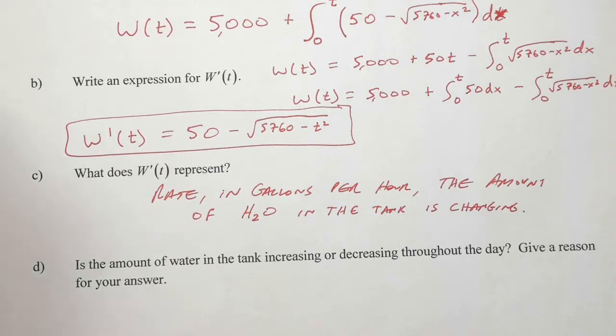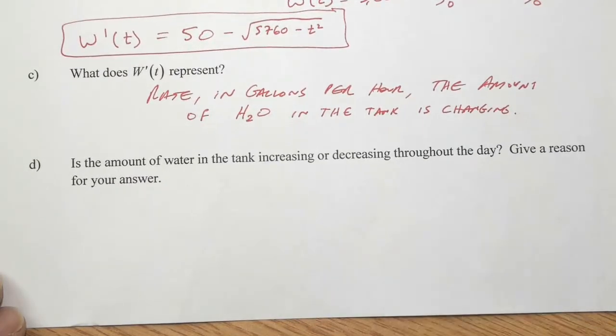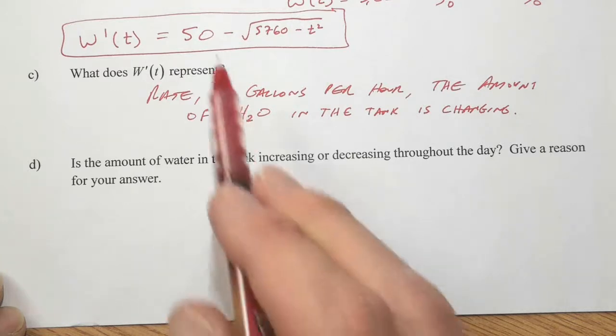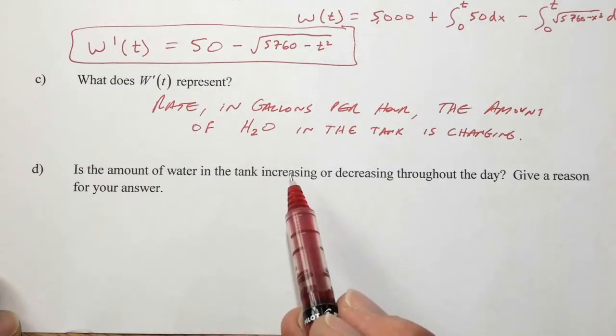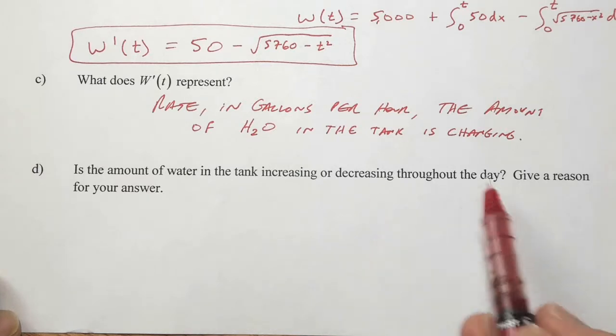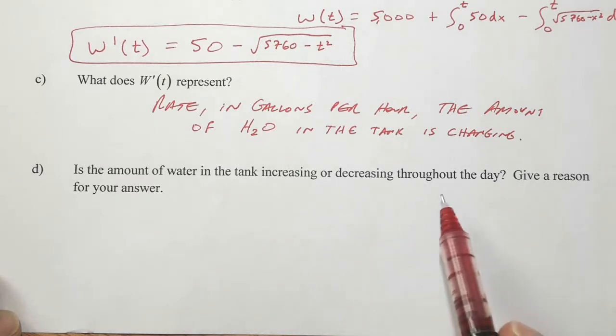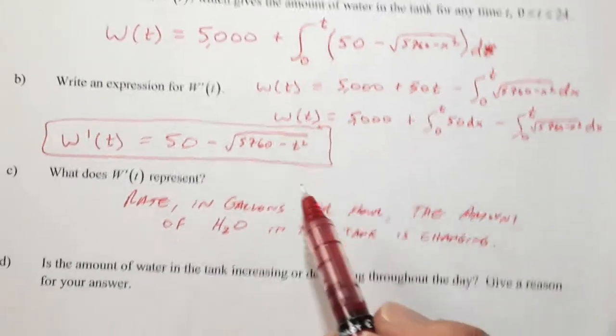And last but not least, is the amount of water in the tank increasing or decreasing throughout the day? Well, we know that the derivative represents change, and a positive derivative means a function is increasing, and a negative derivative means a function is decreasing. So because of the way the question is asked, we're really looking for some value between 0 and 24 to plug into our derivative.